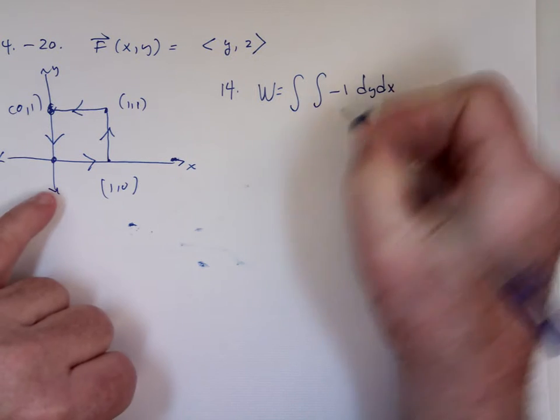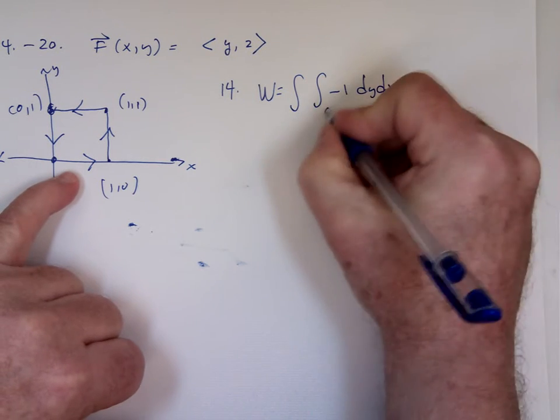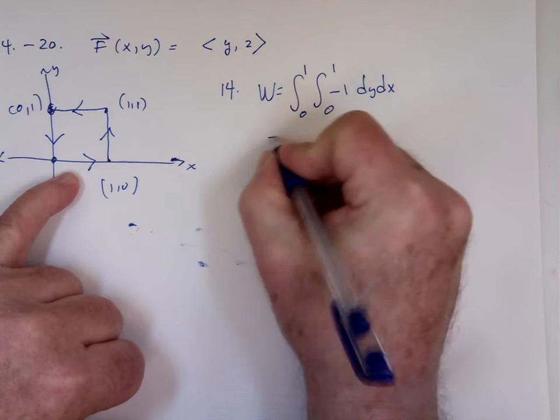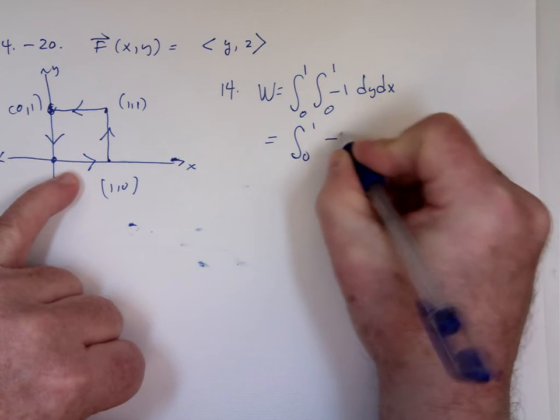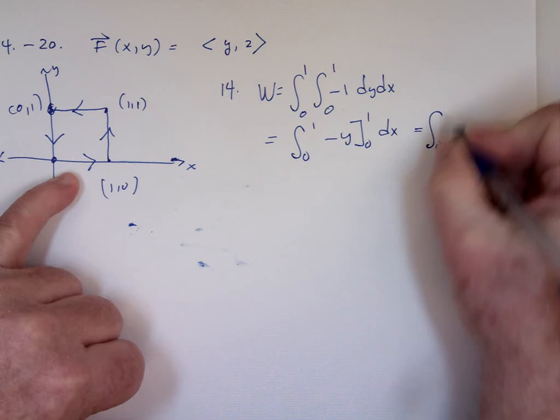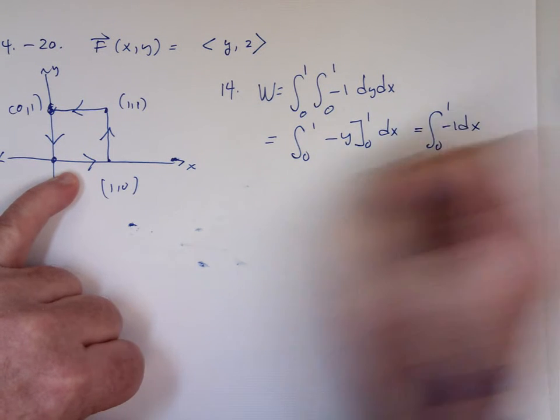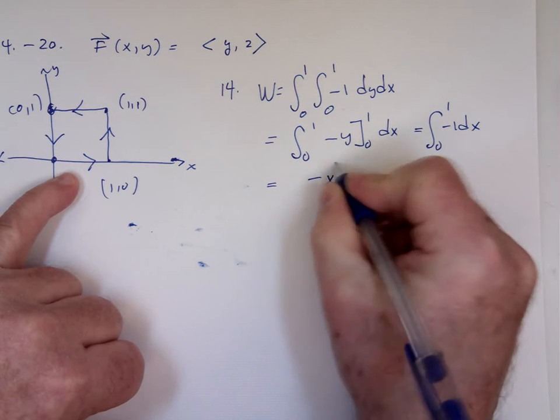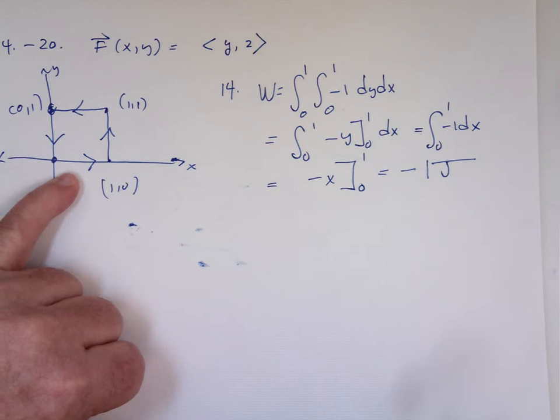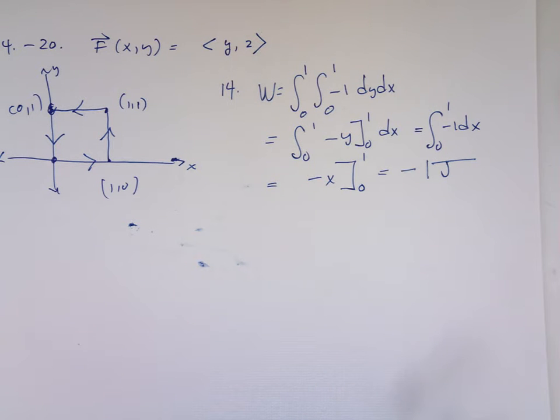The y's are going to go from bottom to top, x's from left to right. We end up with 0 to 1, 0 to 1. We get negative 1 joules of work. Okay? So that's negative 1.